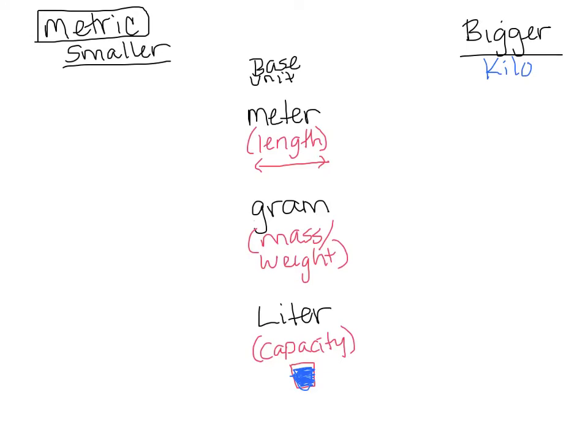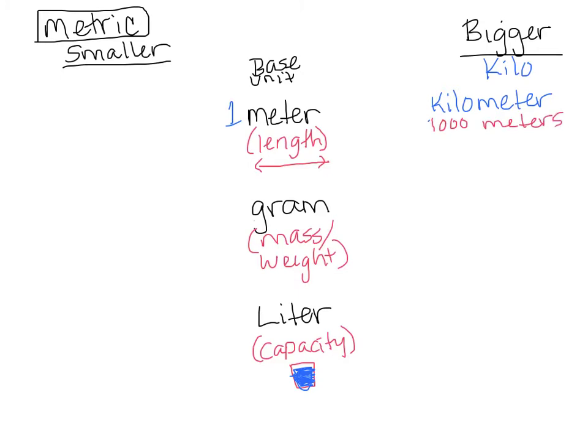So if you put kilo in front of meter, meaning 1 meter, that means 1,000 meters, because kilo means 1,000.